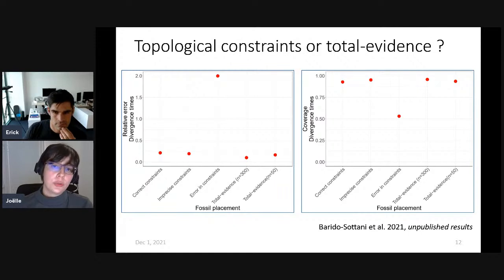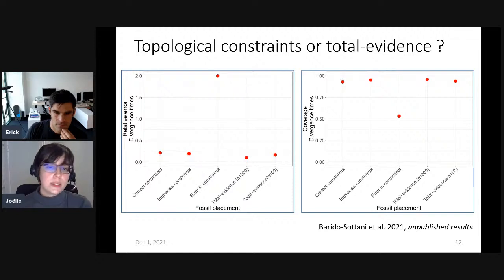And so here are the results for the relative error and the coverage on the divergence times. You can see that it doesn't seem to make a lot of difference which one you're going for, except for one outlier, which is when the constraints are wrong. So if you have error in constraints, that has a big impact on the divergence times. So it gets markedly worse estimates.